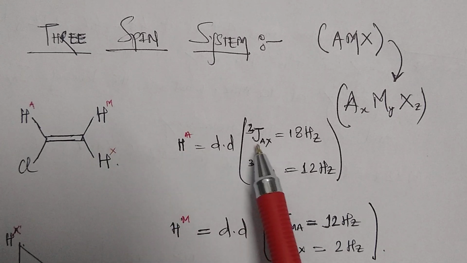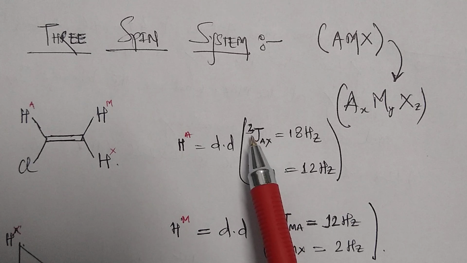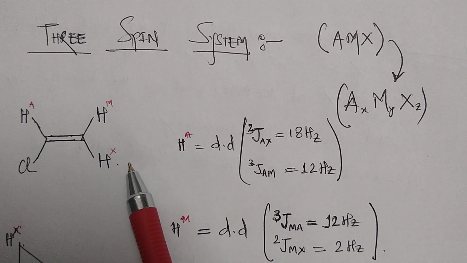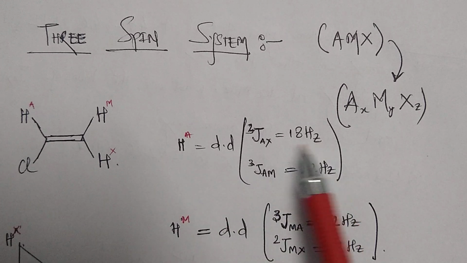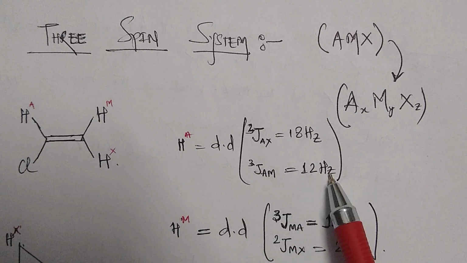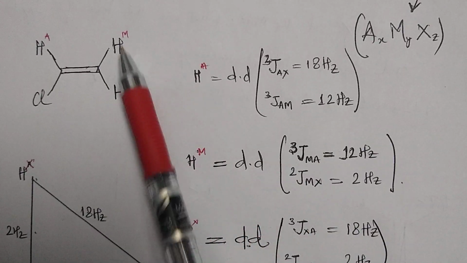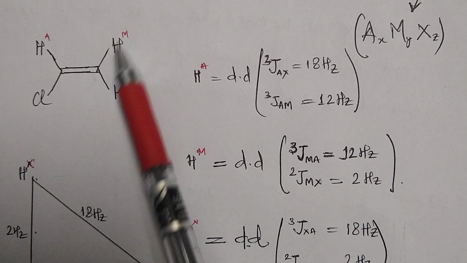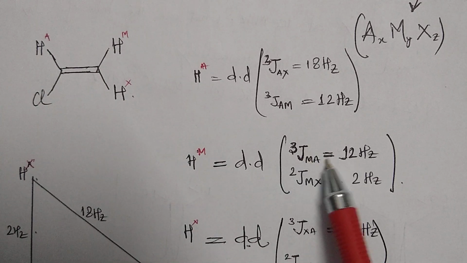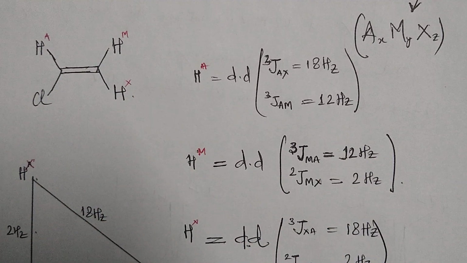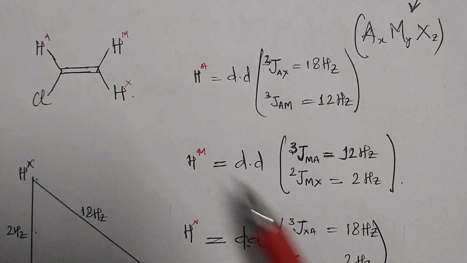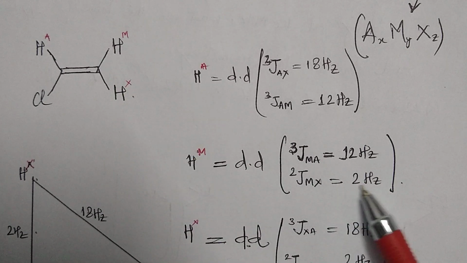So the respective coupling constants will be 3JAX with the trans proton, that is 18 Hz trans coupling, and with the cis coupling it will be 3JAM, 12 Hz. Likewise for the M type of proton we will have a doublet of doublet, with coupling constant 3JMA 12 Hz, that is cis coupling, and 2JMX, that is 2-bond coupling for the geminal proton, 2 Hz.